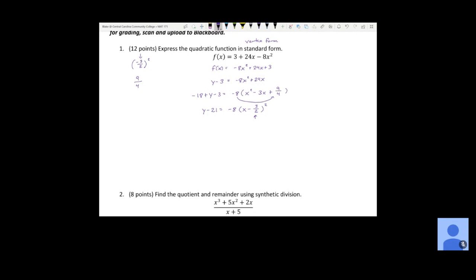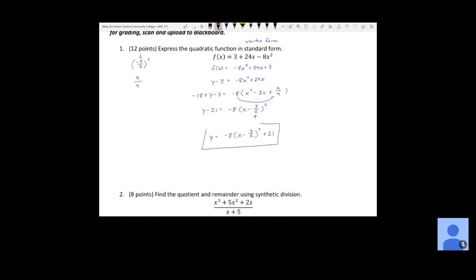All right, so then what's our last step? Add the 21, good. So we're going to have y equals negative 8 times x minus 3 halves squared plus 21.